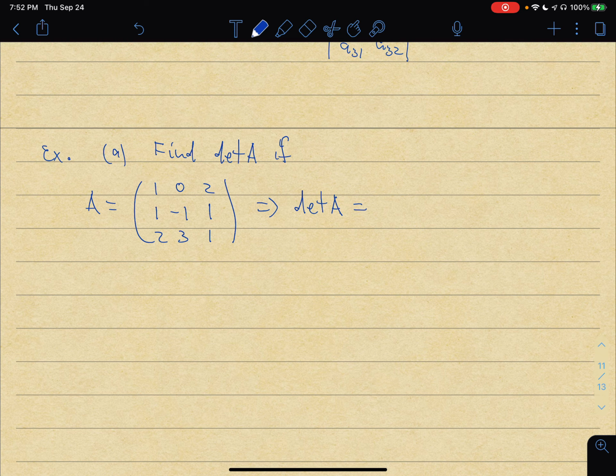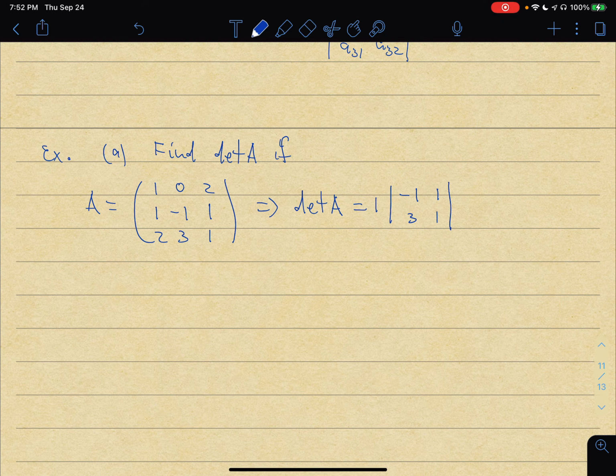You take the first element, 1, and you multiply 1 by the determinant that remains once you remove the first column and the first row. And so that is going to be minus 1, 1, 3, 1.